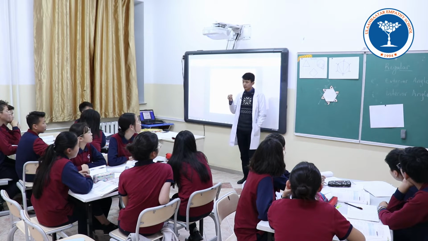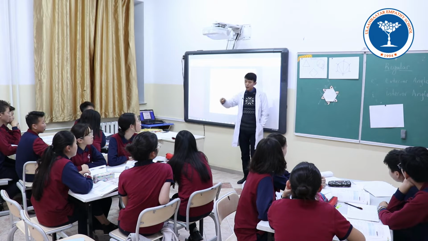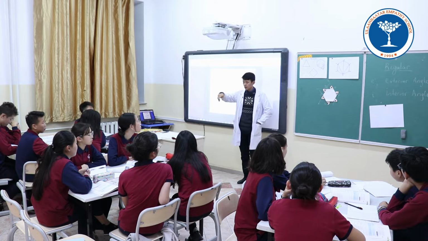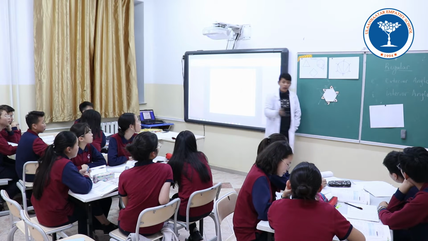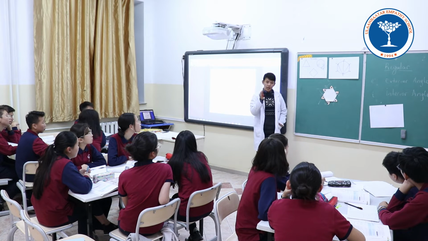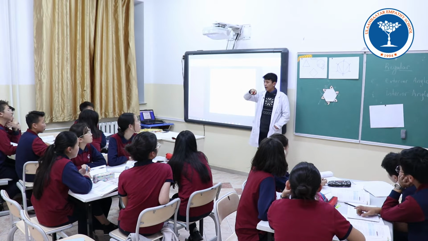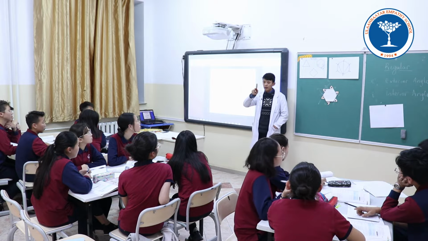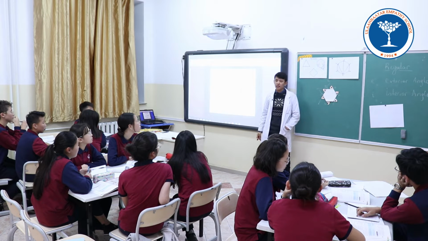What do you think? What is exterior angle? I walked around the polygon, and every time I reached a point, I turned, okay? After I finished one lap, I came to the same point, looking in the same direction.